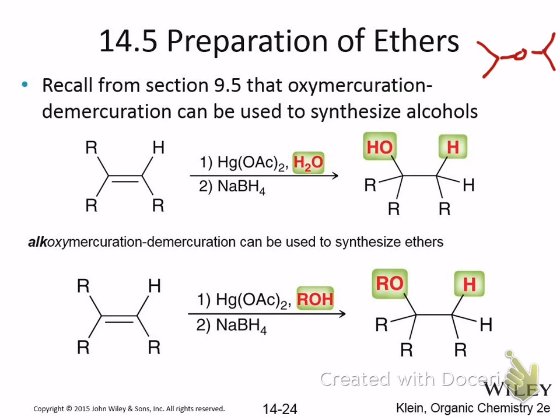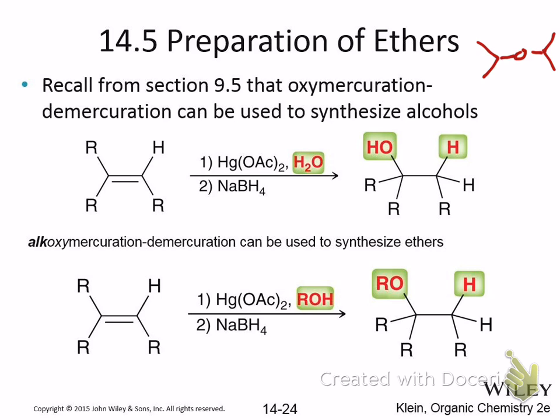That's here. Well, you guys know the oxymercuration-demercuration reaction, where you form the cyclic mercuric ion intermediate and then you attack with water and that produces the alcohol. The alkoxymercuration-demercuration is in substance the same reaction, same mechanism.